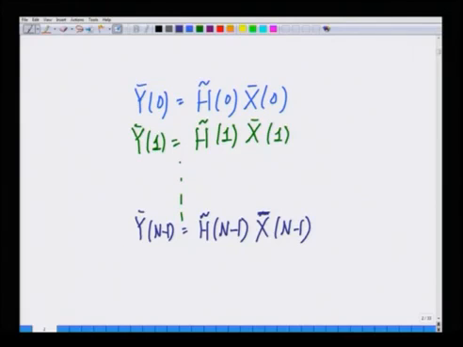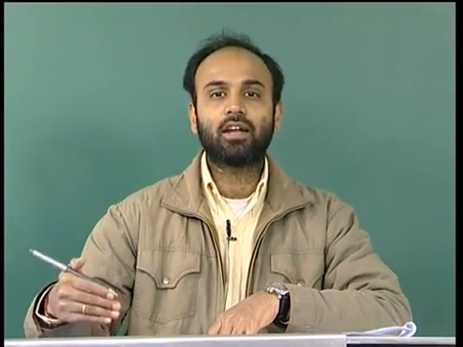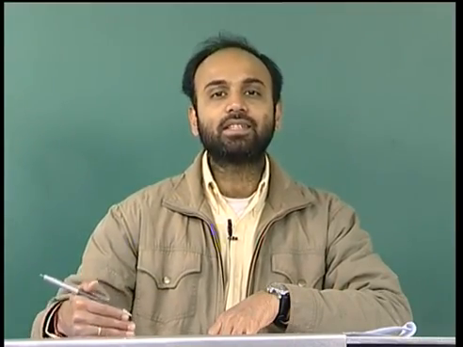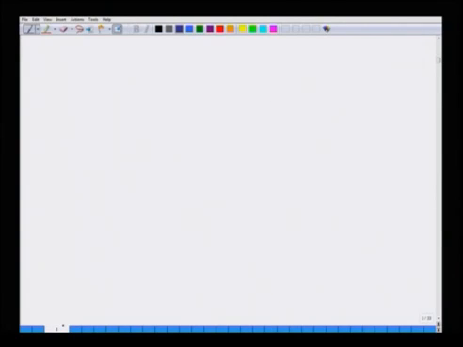It is similar to OFDM, except that the y and x are now vectors, that is, they correspond to vectors transmitted across all the transmit antennas and received across all the receive antennas, and the h's, which were the subcarrier coefficients earlier, are now flat fading channel matrices corresponding to these different subcarriers.